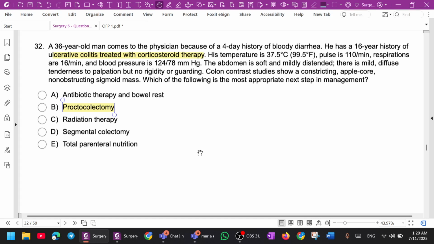Yes. Proctocolectomy is the most appropriate next step in management for a patient with history of UC complicated by the development of colorectal cancer. UC is a chronic inflammatory condition within the spectrum of IBD that results in inflammation and ulceration of the colonic mucosa and submucosa, typically beginning with the rectum and advancing proximally. Symptoms include abdominal pain, weight loss, bloody diarrhea, abdominal bloating, tenesmus. Imaging typically demonstrates loss of haustral markings.